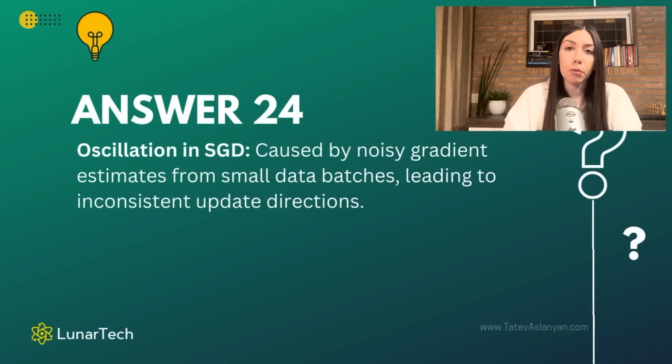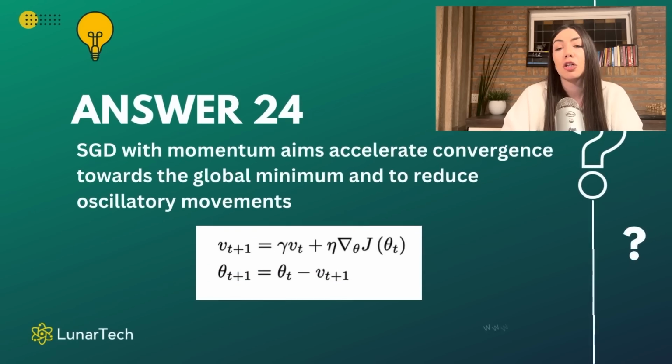To solve this problem and to improve the SGD algorithm, while taking into account that SGD in many aspects is much better than GD, we came up with the SGD with momentum algorithm, which takes the benefits of SGD and also tries to address the biggest disadvantage of SGD, which is too many of these oscillations.